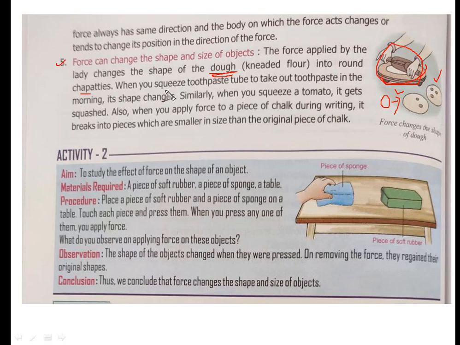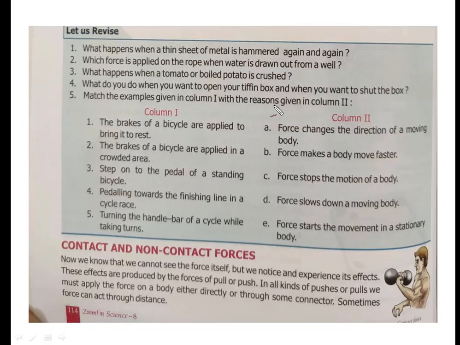When you squeeze a toothpaste tube to take out toothpaste in the morning, its shape changes. Similarly, when you squeeze a tomato, it gets squashed. So these are some of the examples. And there are some questions.